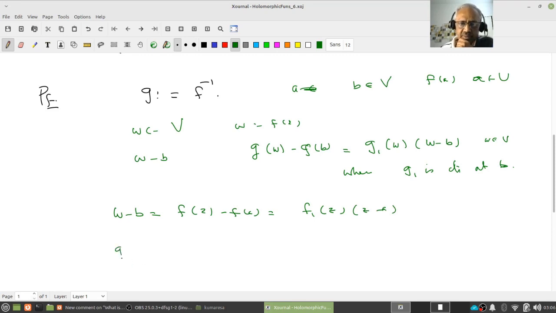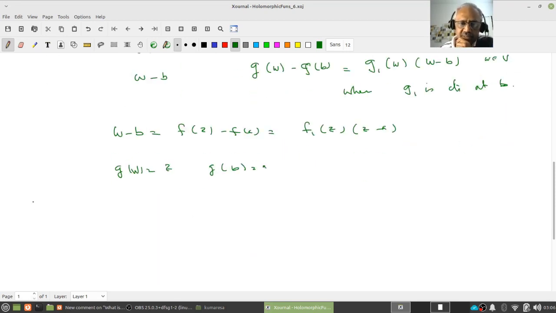And g of w is z, and g of b is a. So g of w minus g of b is the same as z minus a, and I want to know whether it is g1 of w times w minus b, which is f of z minus f of a.